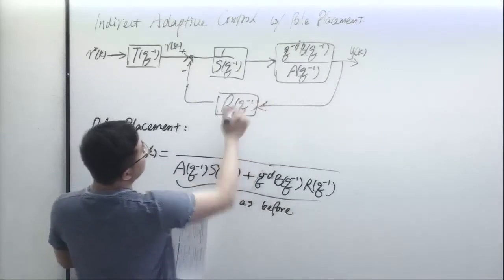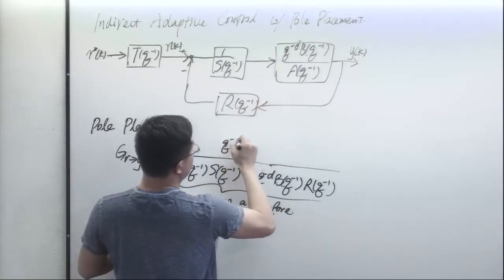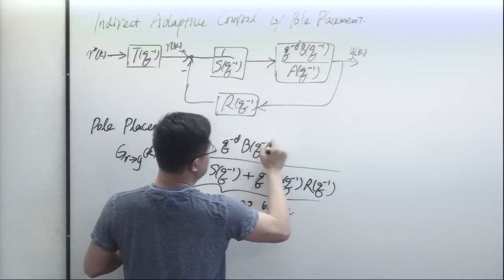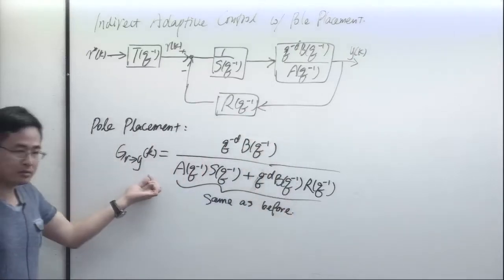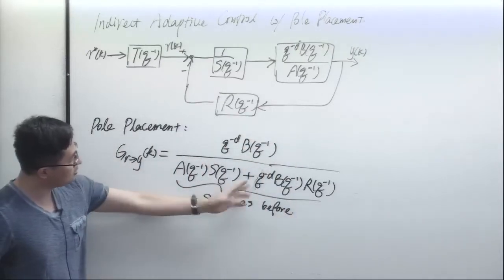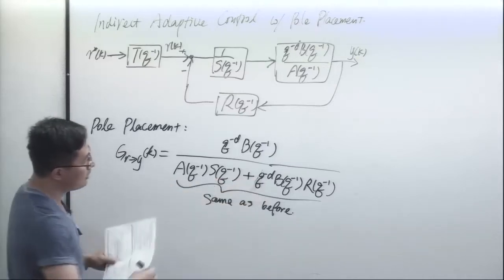And then the numerator is going to be q negative d B q. Same closed loop transfer function, and the pole placement is designing this part.